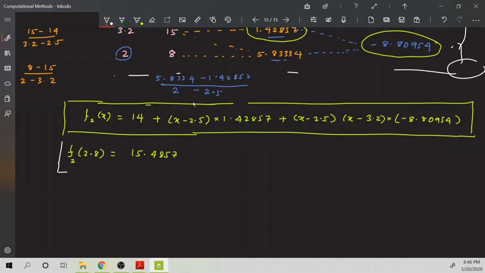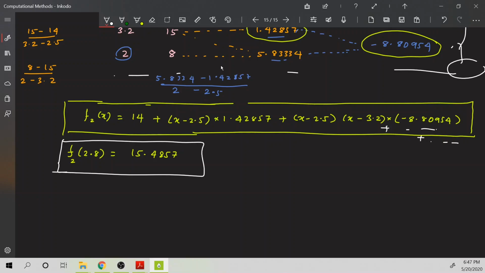You just have to add extra elements here, and you can easily find the value at the point for fourth order and fifth order and so on.